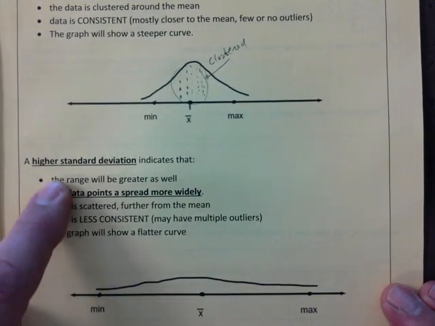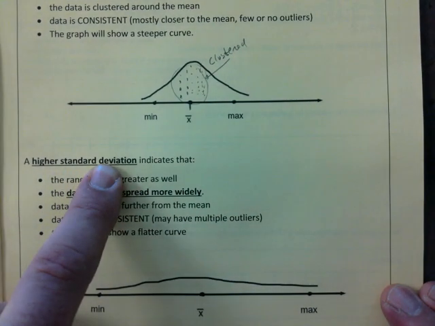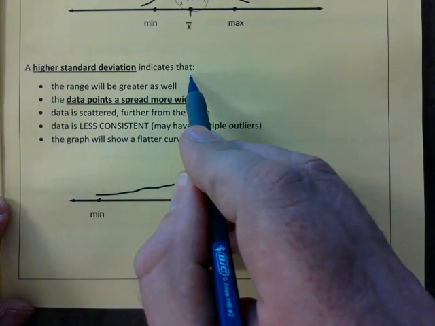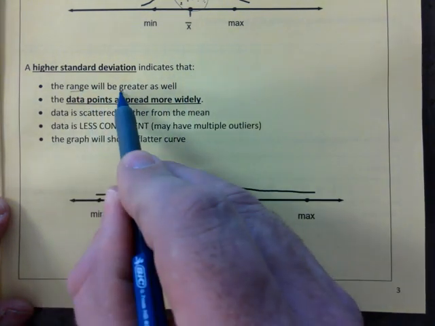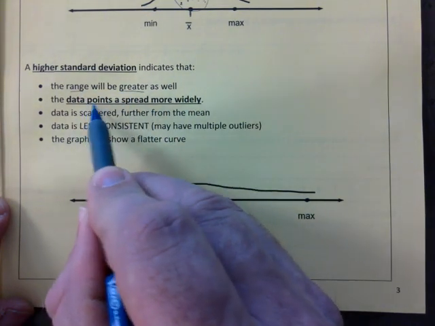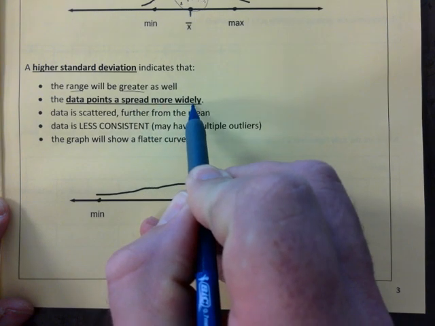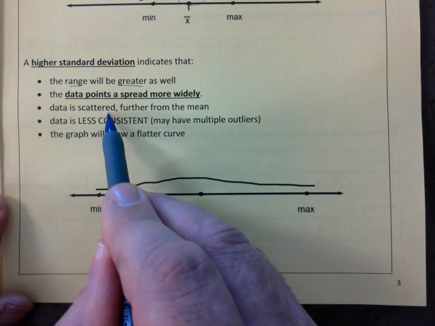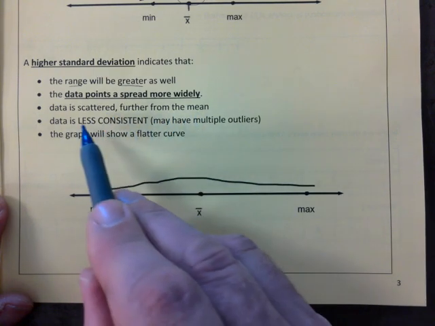Next, what if you have a high standard deviation? Remember, it's actually going to be a number in a bit for us. A high standard deviation means the range is greater. The data points are spread out widely, right? The data is scattered further from the mean.